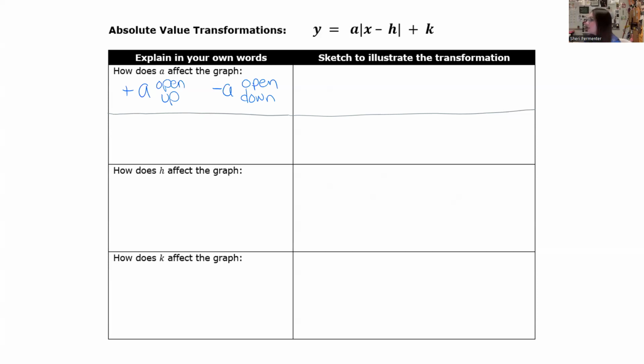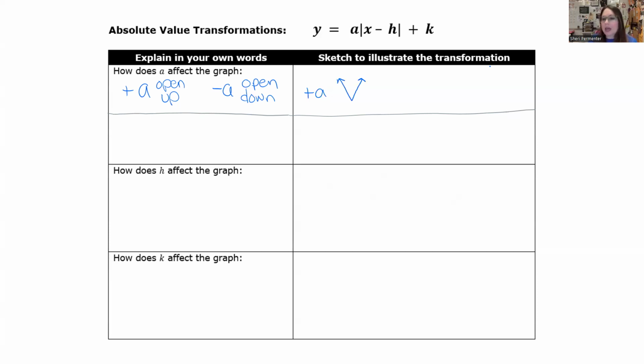Another way to think of that is that when it's positive, it opens towards positive numbers. Positive numbers are up. And when it's negative, it opens down, towards negative numbers. So this says explain in words, and then this says sketch an illustration. When we have a positive a, the graph is going to be a V and it's going to face up.